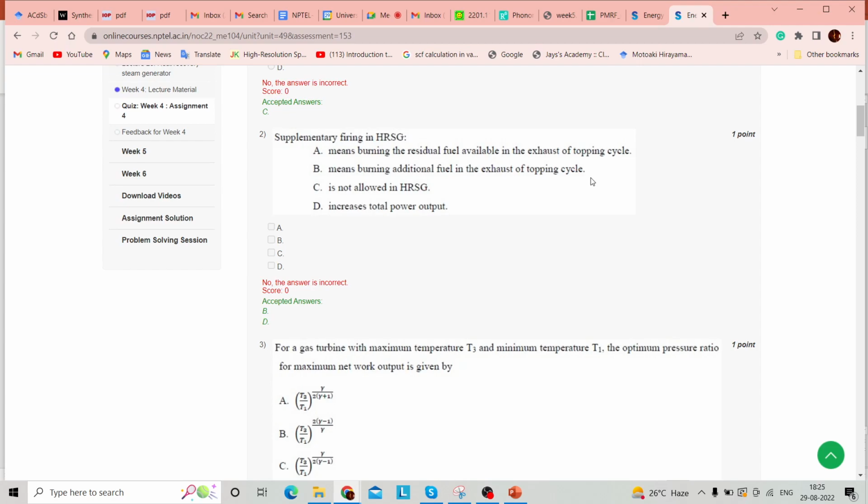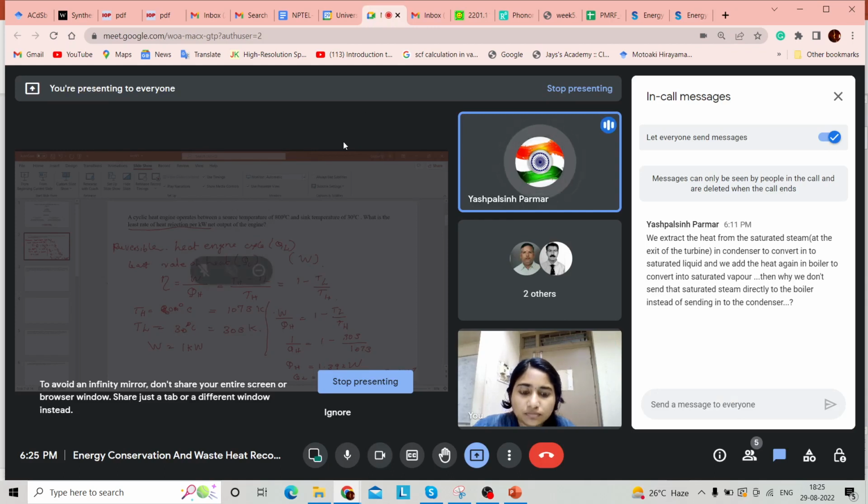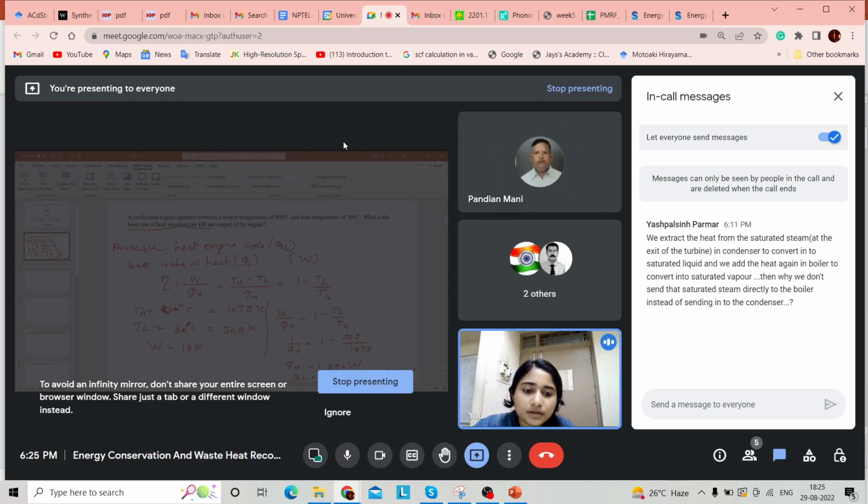In that case, we can say that we increase the quality of energy by adding extra fuel. No, sir. Okay, let me check that and get back to you. It is confusing, actually, what we should answer. We should cross-check exactly when we are adding fuel. Madam, we are not at all adding any fuel in that heat recovery steam generator.